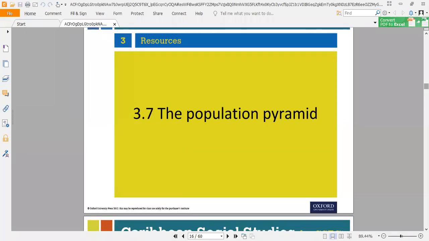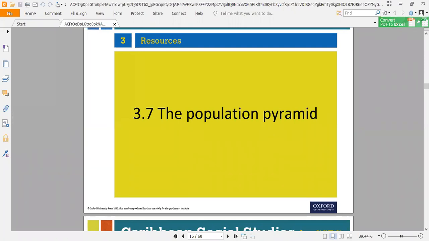All right, so this is the second lesson in resources, and we will be looking at the population pyramid. We realize that the population pyramid is a way to show quite a number of things that is happening in the population.